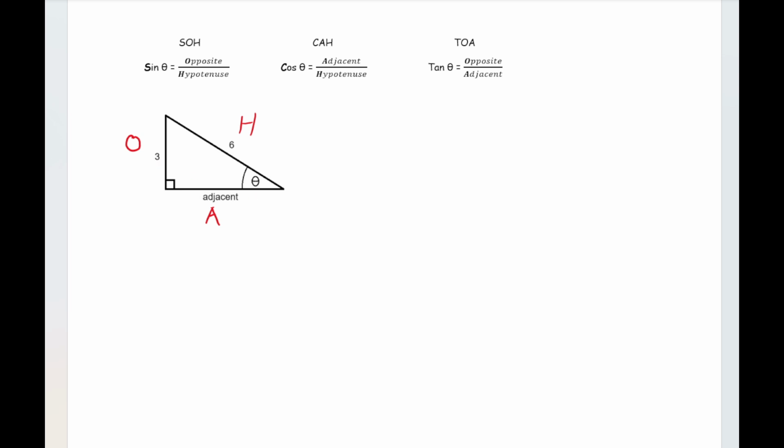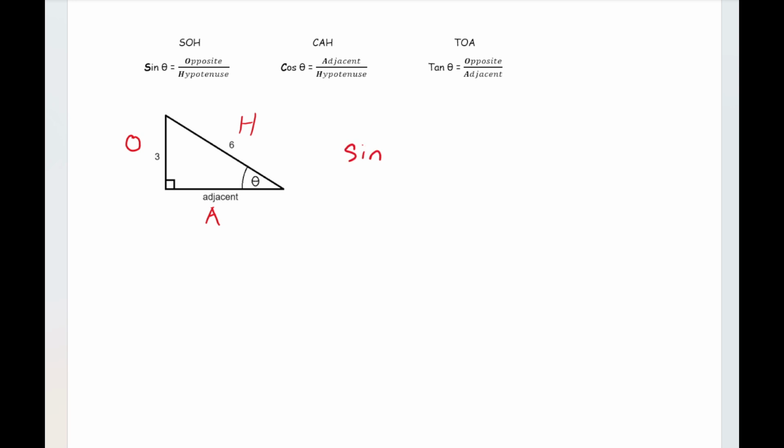All right, so we got our sides labeled. What we need to do is solve for this angle here first. And to do that, we know our O and we know our H. We're not going to worry about this just yet until we get this angle. So I'm going to use our SO equation to solve for our angle, because we got our O and our H here. That way, our only unknown value is the angle that we need to solve for. So I'm going to write that down.